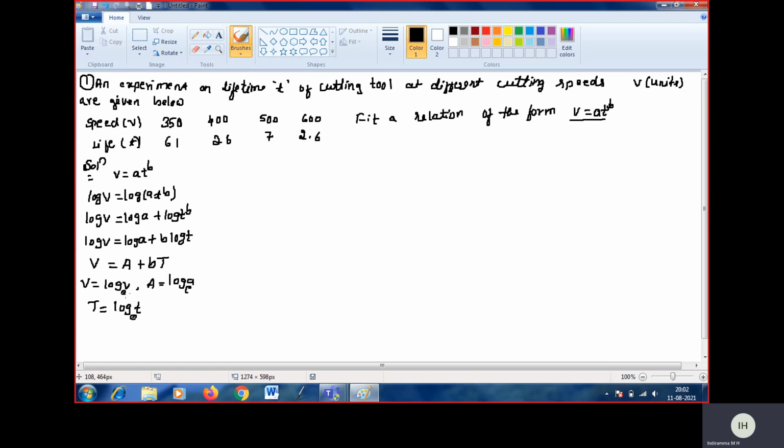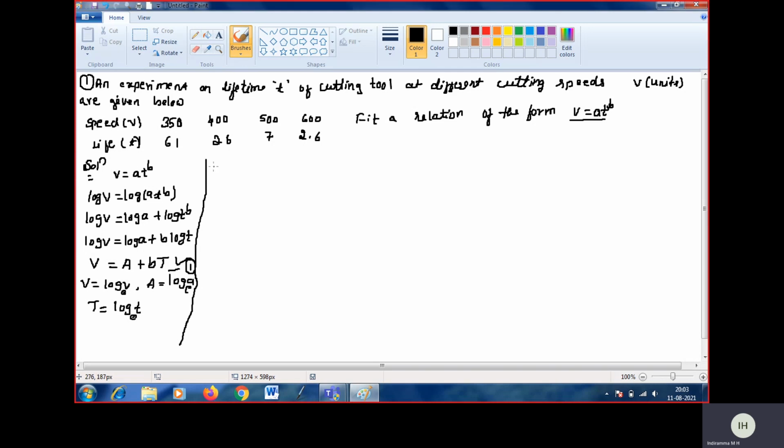Okay. So now we converted the given relation in the form of a straight line V is equal to A plus BT. So as we know that if we have a straight line, we can write the normal equations by taking the summation. So I will call this as equation number 1.